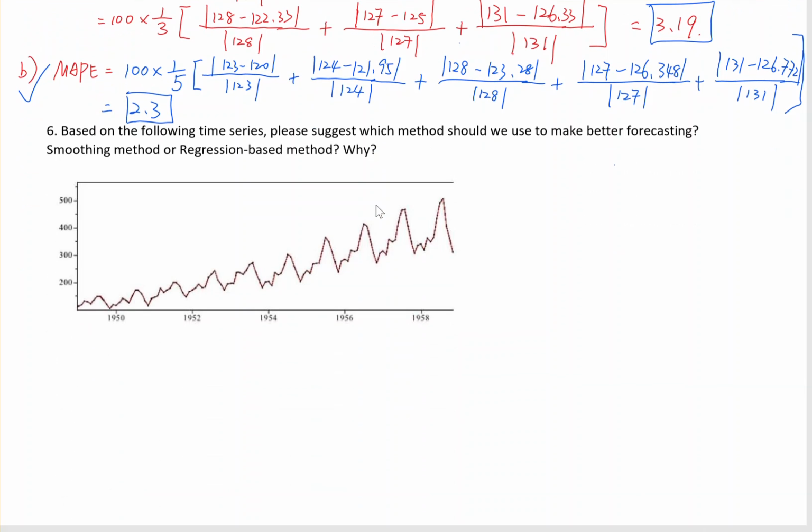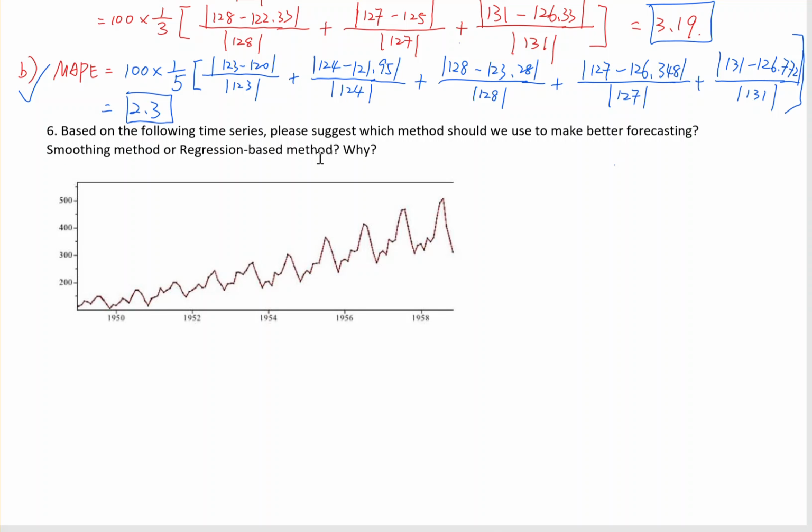Number 6, based on the following time series, please suggest which method we should use to make better forecasting, smoothing method or regression-based method? Why? In this question I'm asking how you can decide to use the smoothing method or regression-based method for different kinds of time series.